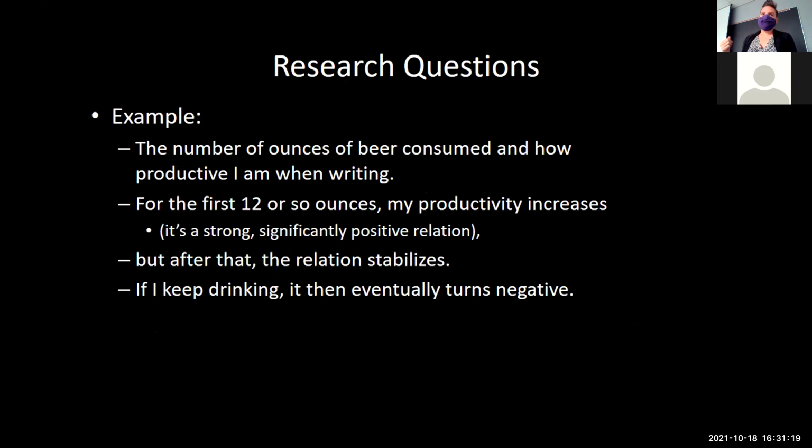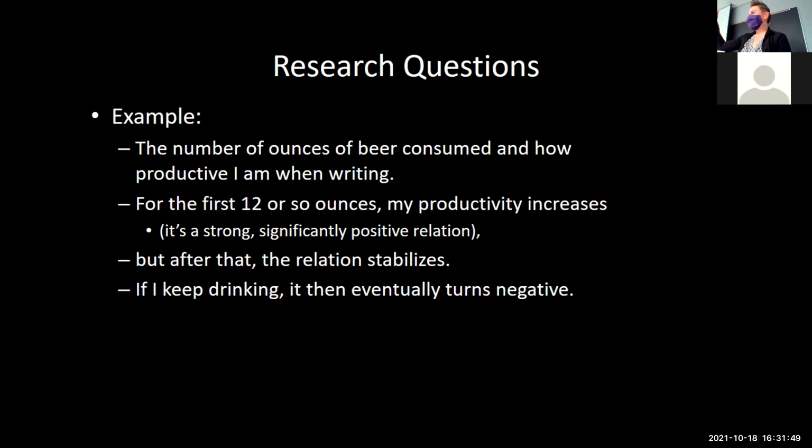So here's an example. Maybe to put this back in the context of my break activities, I'll say the number of ounces of wine consumed and how productive I am when I'm writing. For the first 12 ounces of beer that I drink, my productivity tends to skyrocket, go way up. I write much faster. I just get a lot more words on the page. But after that, that relationship slows down.